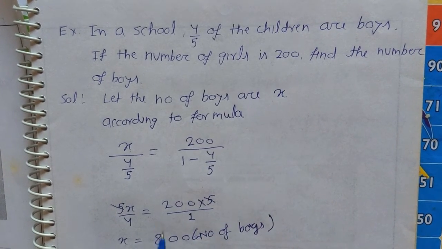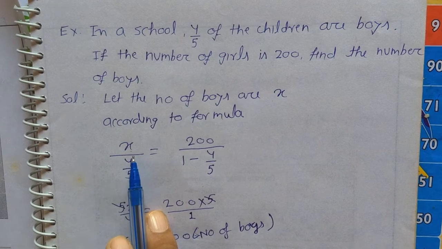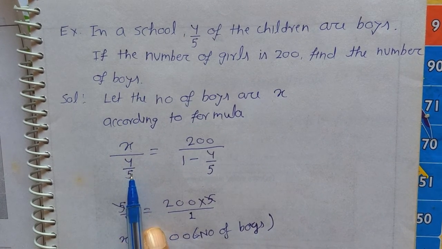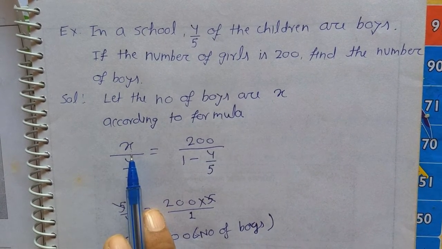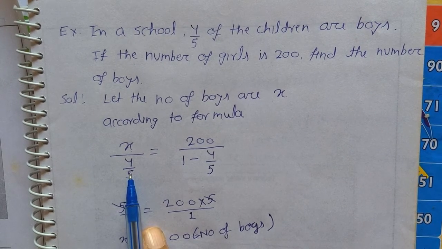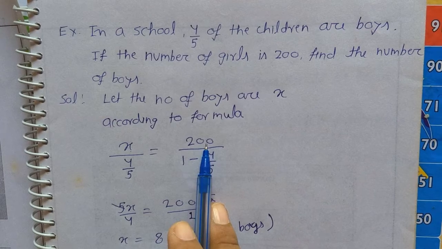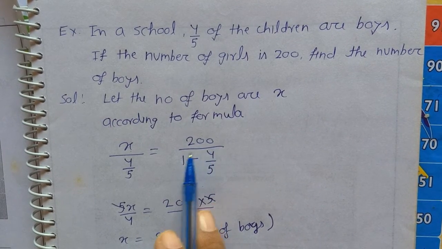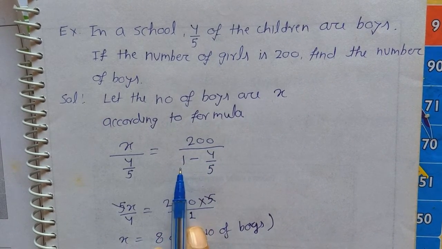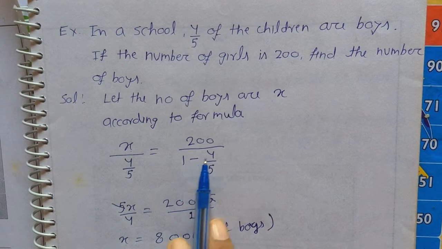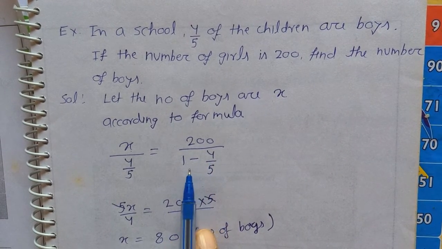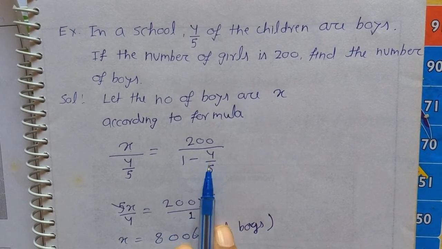So according to the formula, number of boys divided by part of boys, number of boys is x divided by part of boys 4 by 5, equals number of girls, given in the numerical as 200, divided by part of girls, which will be the remaining part. The remaining part is nothing but 1 minus 4 by 5.